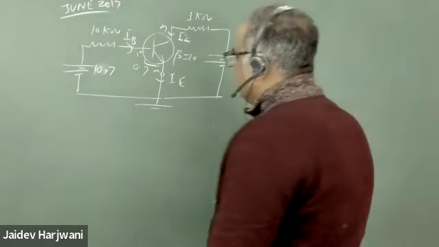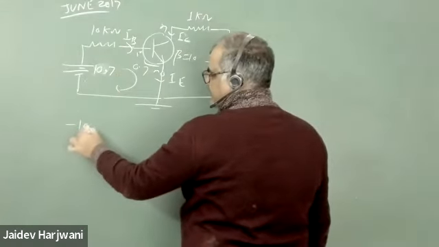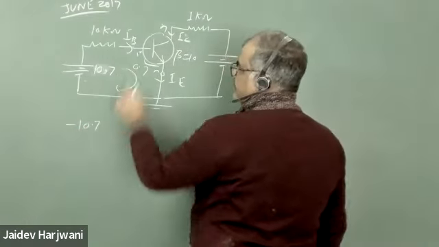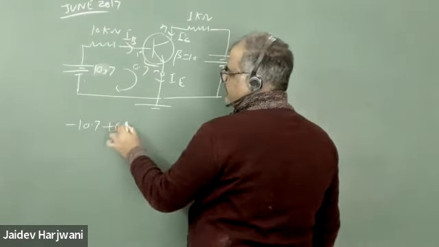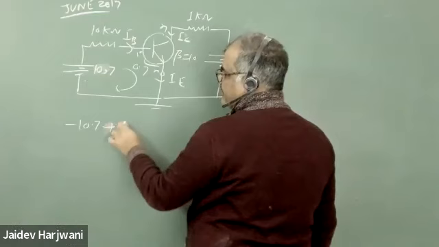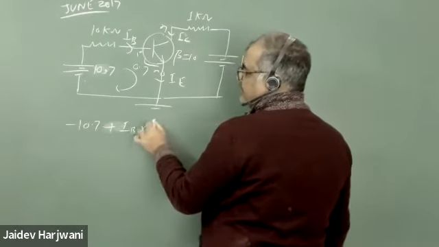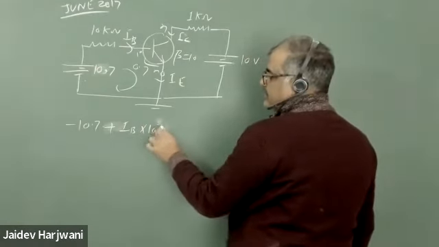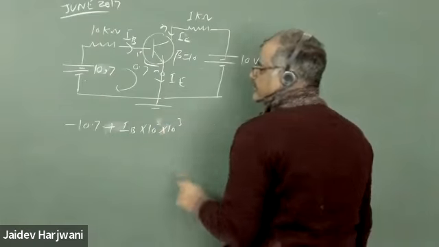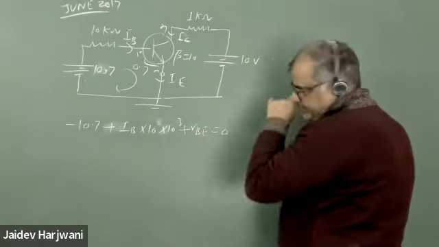So I take this input loop. I have minus 10.7, plus VB, that is 0.7, plus IB times RB, RB is given as 10 kilo ohm, plus VB equals 0.